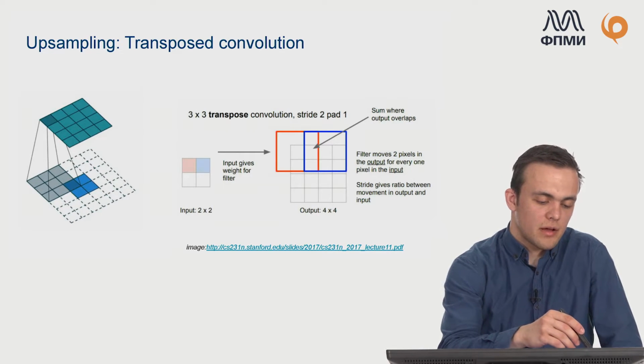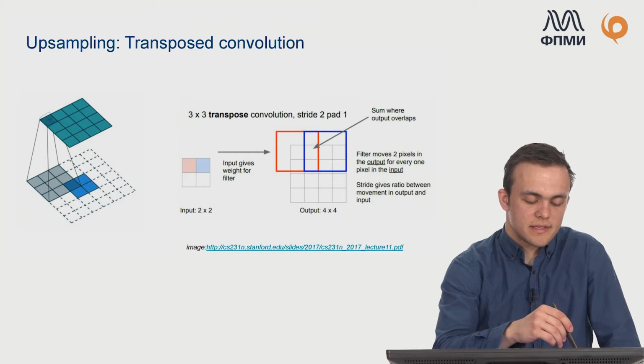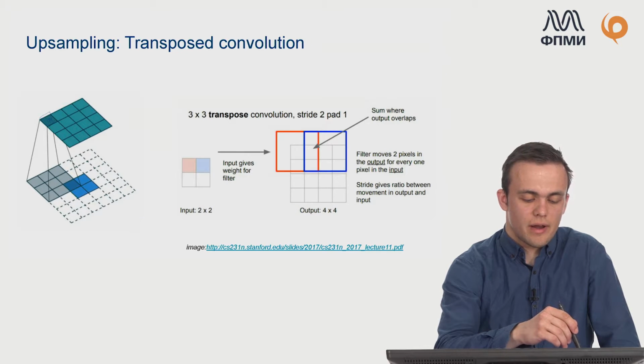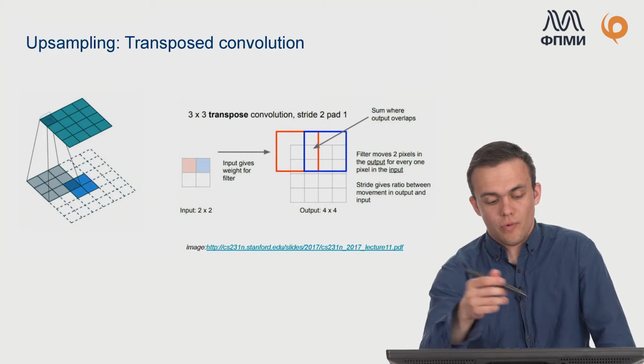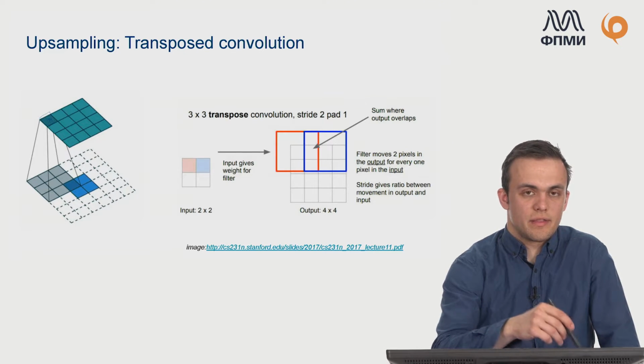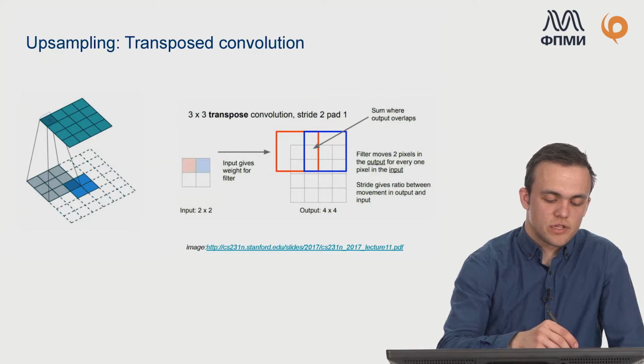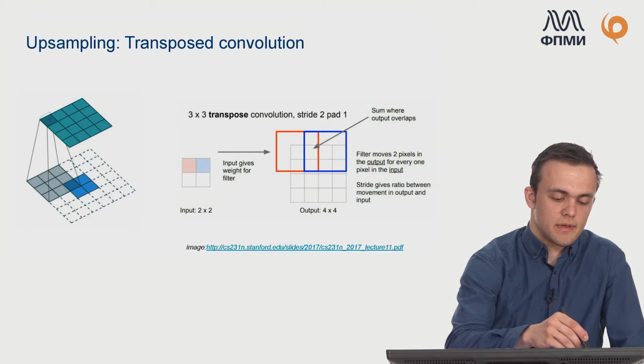So when computing this value, we will look at almost every 0. We will see almost everywhere a 0, and only one non-zero value will be in this receptive field. So we will just be multiplying some one coefficient by this value and putting it here.